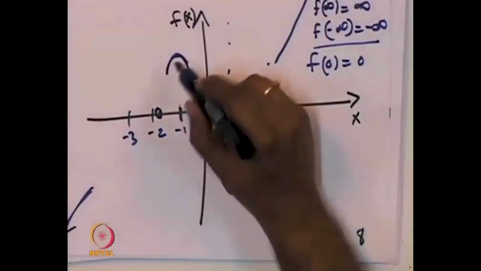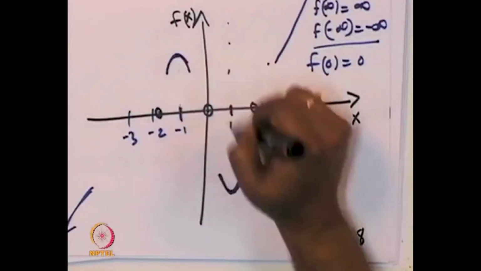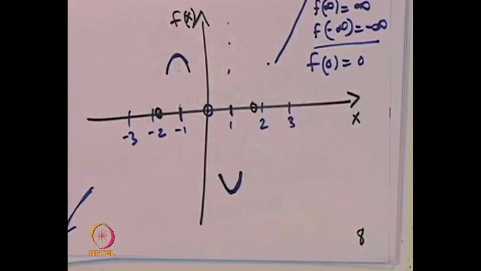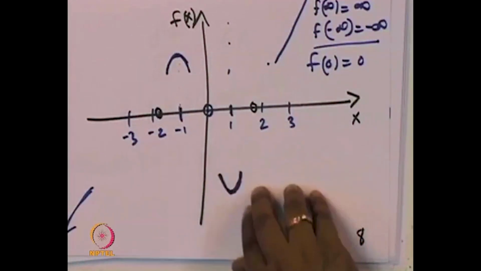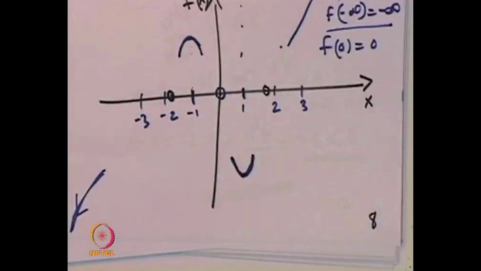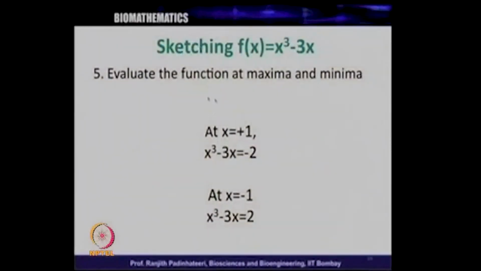Now, what is the value at which this maximum and minimum should happen? So, we should evaluate the function at x equal to plus 1 and minus 1. So, let us go to the next recipe. Here, the next one says evaluate the function at maximum and minimum. There is again an error here; it should read as evaluate the function at maximum and minimum.